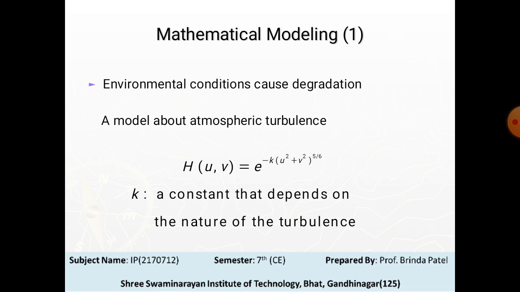The model has a familiar form, which is H(u,v) is equal to e raised to minus k times (u squared plus v squared) raised to 5 by 6. Here k is a constant that depends on the nature of the turbulence. With the exception of the 5 upon 6 power on the exponent, this equation is the same as the Gaussian low pass filter. So the Gaussian low pass filter is used sometimes to model mild uniform blurring.